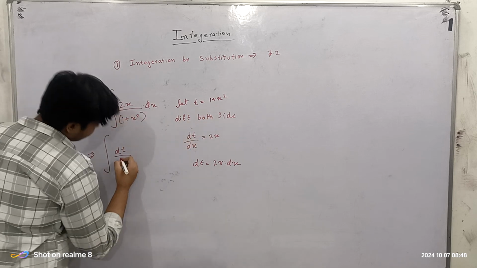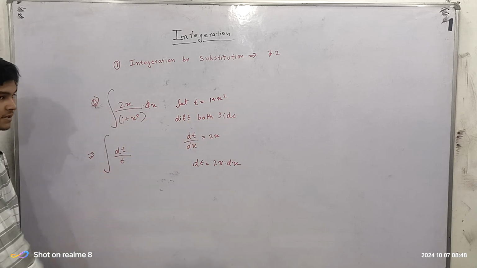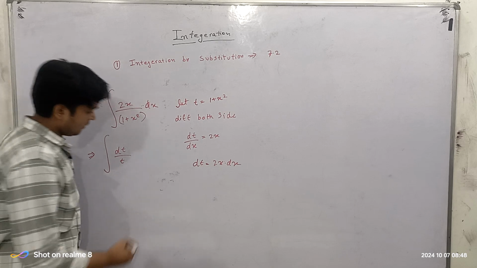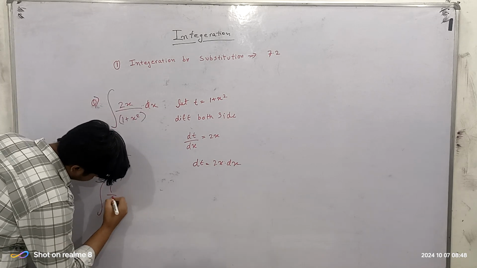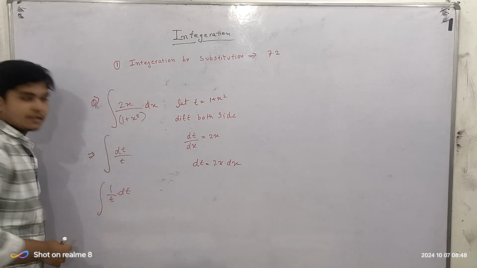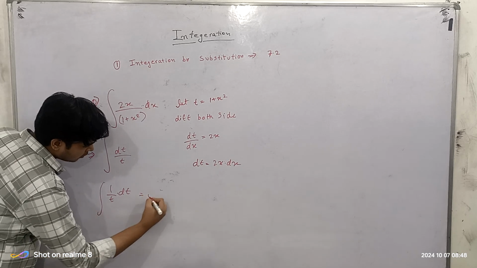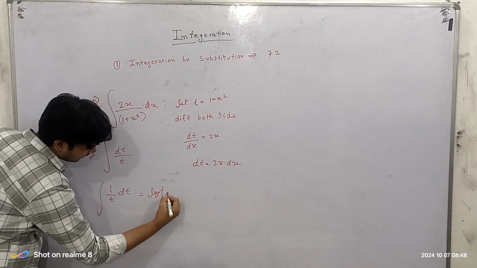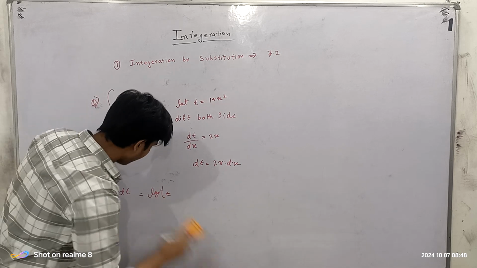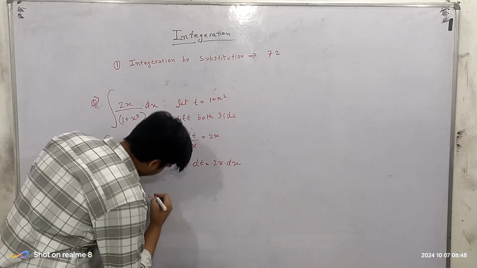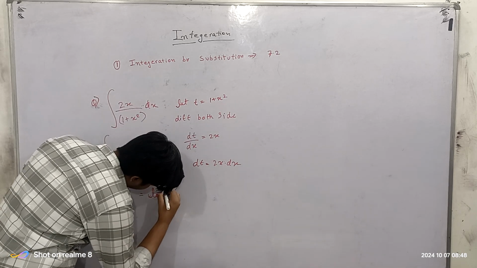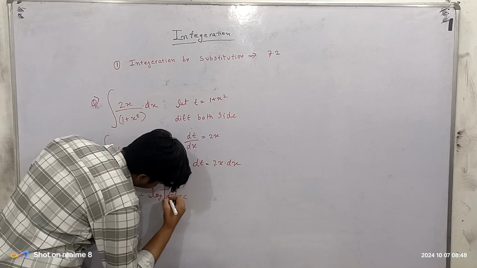We have taken t, so it becomes t. Now what is the value of the integration of 1 by t into dt? We have studied the general formula: the integration of 1 by x into dx is log x, so 1 by t into dt is log mod t plus c.